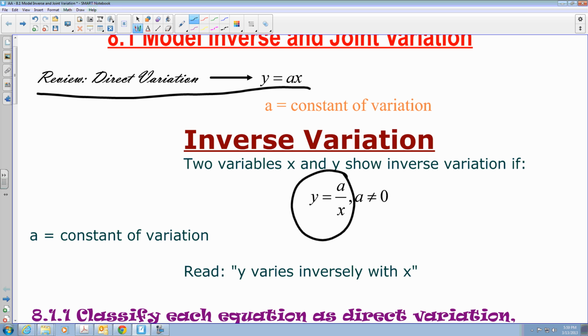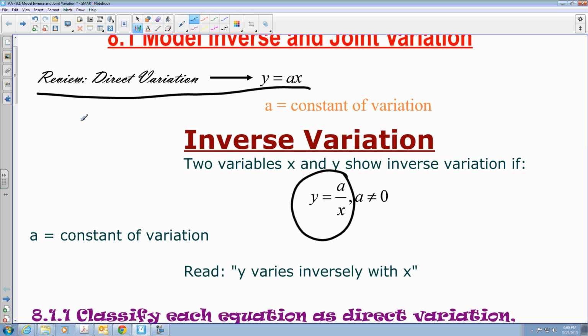The reason they call that inverse variation is because it's the inverse of direct variation. We can say that because if we remember from other chapters, when we try to find the inverse of a particular function, we flip both the x and the y and then solve for y.